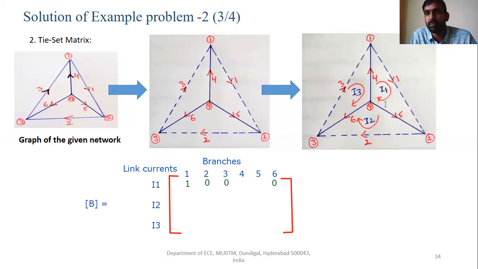So let us look into branch number 4. With respect to branch number 4, the loop direction and the path are the same.